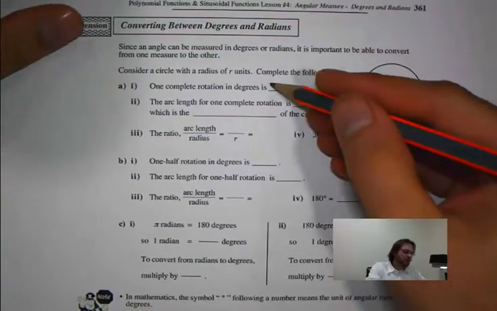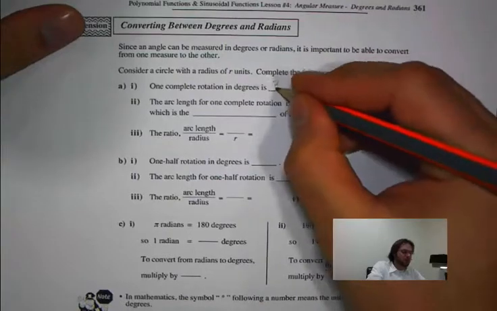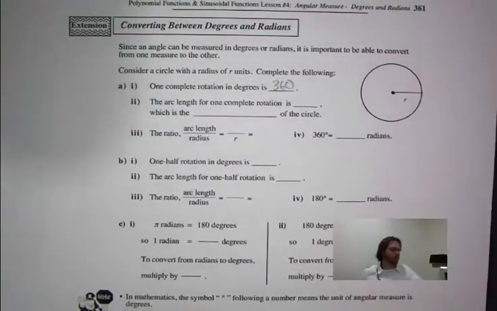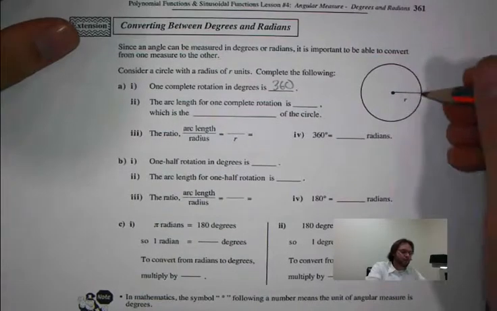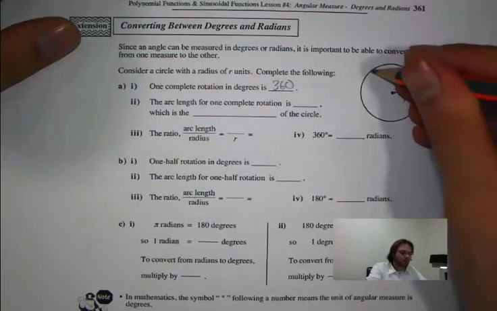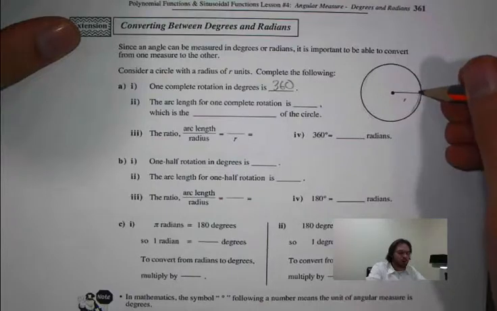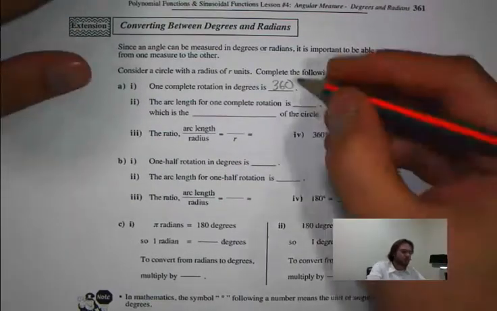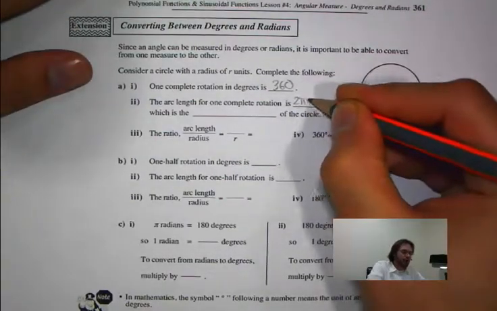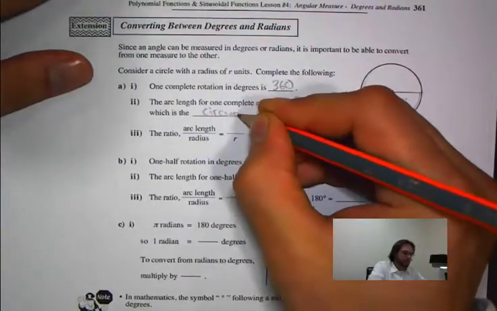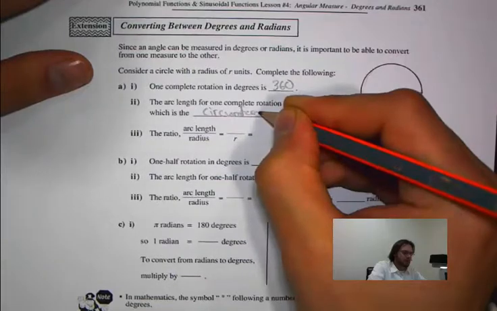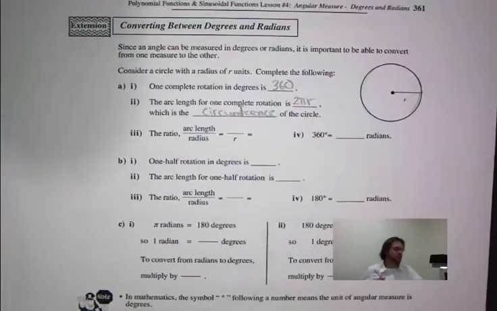So one complete rotation of a circle is 360 degrees. The arc length of one complete rotation is the whole circumference, which is 2 pi r. That's our formula for circumference.